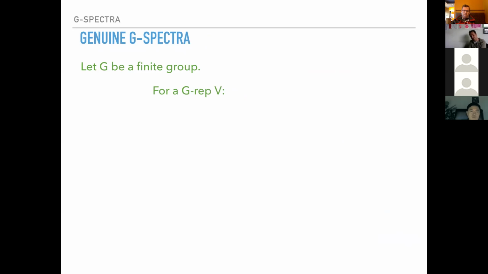I look at a G representation V, and I define S^V to be the one-point compactification of this real vector space V. This gives me a pointed G-space, and it's a sphere. The special case we care about is the regular representation of G, which we denote by rho_G.